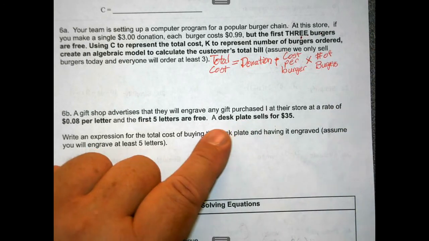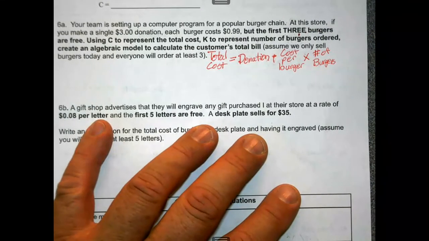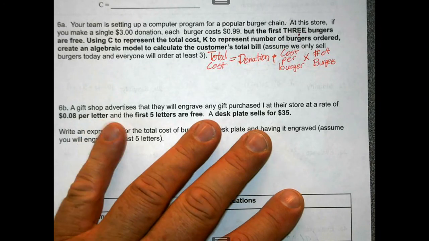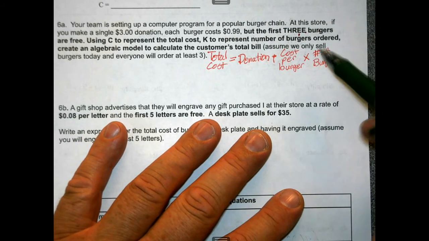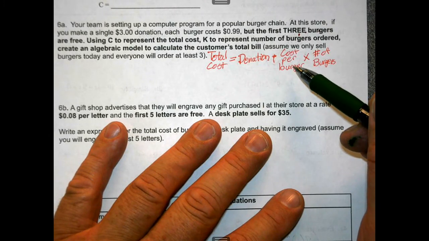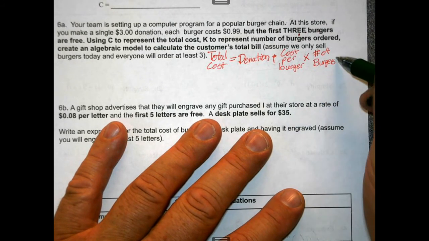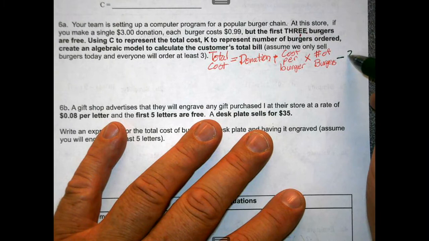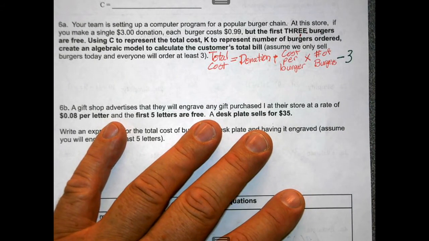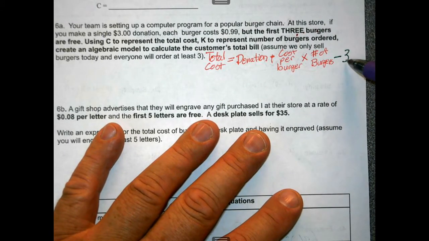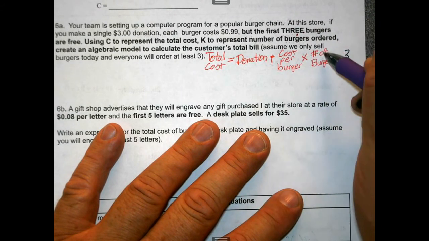But then we got that kicker in there, right? The first three are free. So when I multiply the number of burgers by 99 cents, I got to get those three out of there. But not just three burgers, I need the money for the three burgers, right? So I'm going to have to multiply both of these.